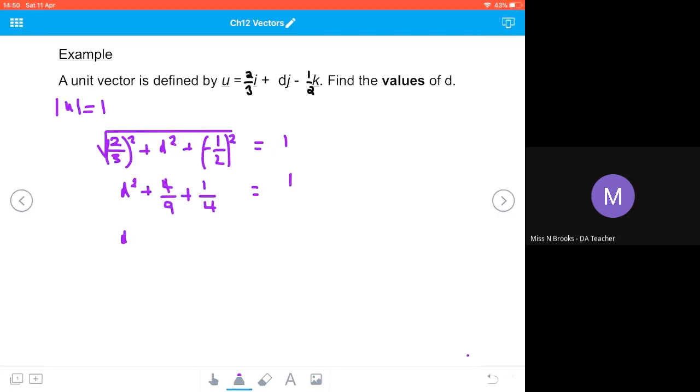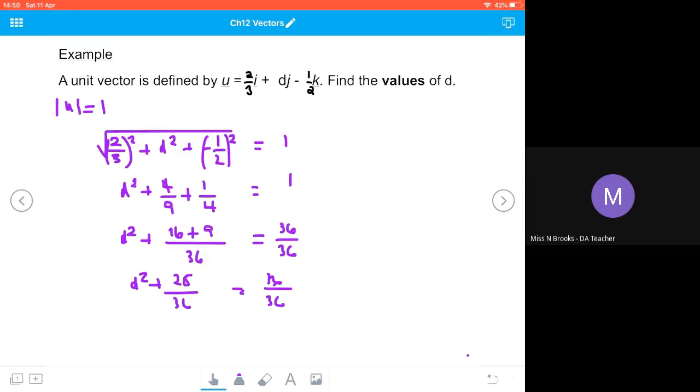So we've got d squared plus, 9 times 4 is 36, and 4 times 4 is 16, and 1 times 9 is 9, and that equals, and we're going to change this 1 into a fraction out of 36, so 1 is the same as 36 over 36. So what we end up with is d squared plus 25 over 36 equals 36 over 36.